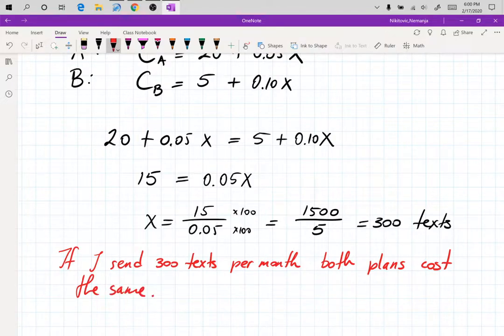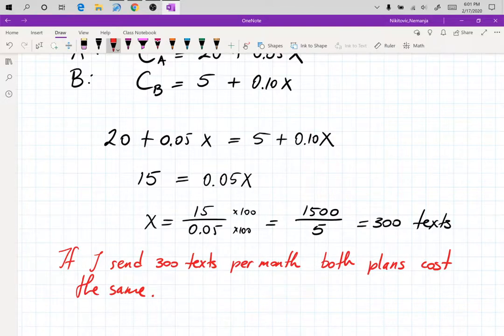And that's the end of the story, right? Now, the question is, I know that I'm going to send more than 300 a month. Which plan is better? Well, clearly one is going to be better than the other because 300 is the point where they are the same. So what we discovered is that if you send one text, then plan B is better.